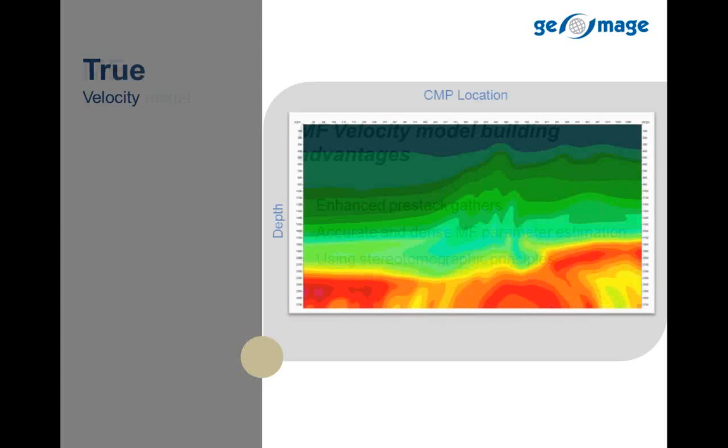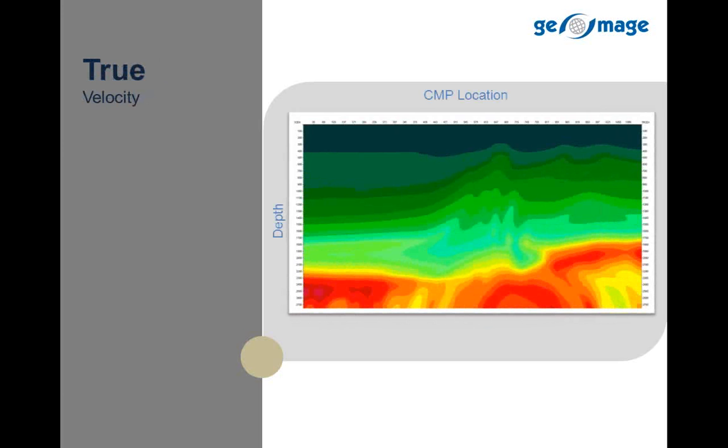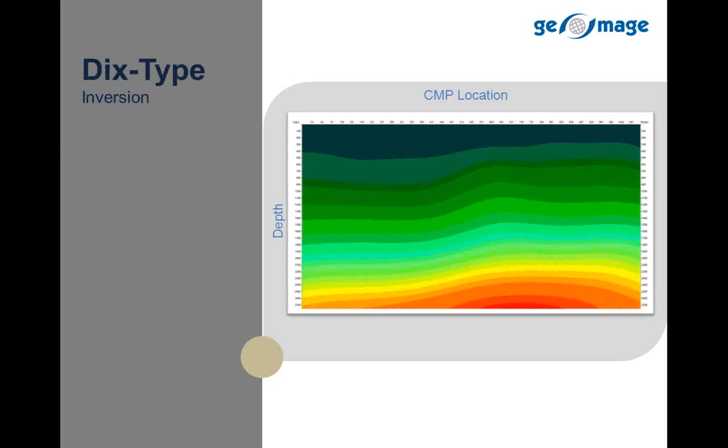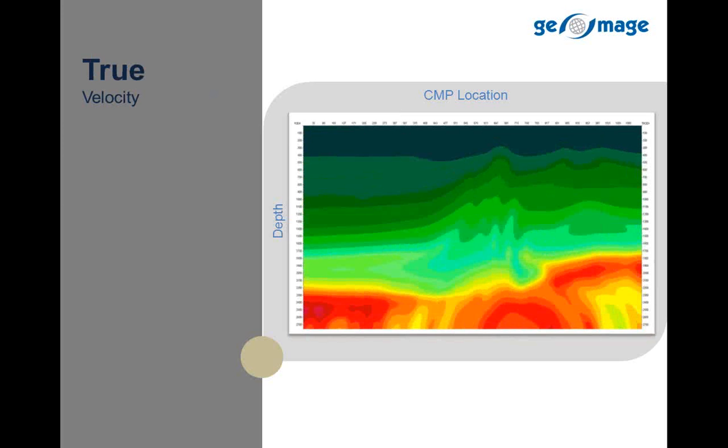I'll show you an example of a Marmousi type model. This is the true velocity. This is the Dix type of inversion. And this is the multifocusing velocity inversion, the estimation using the multifocusing scheme. Compare it to the true velocity.